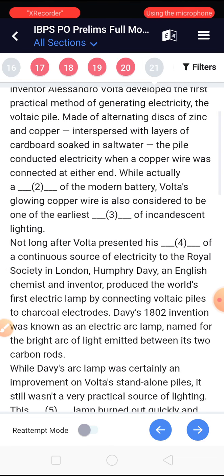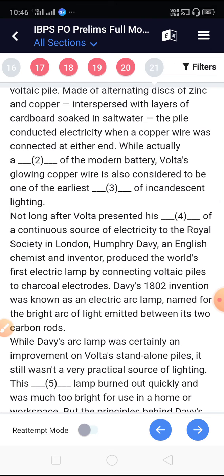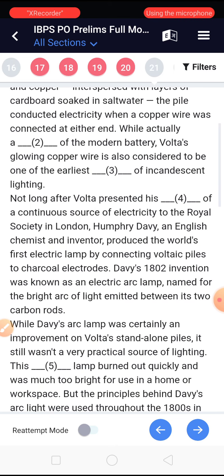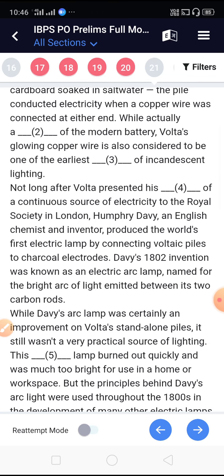lighting. Not long after Volta presented his invention of a continuous source of electricity to the Royal Society in London, Humphrey Davy, an English chemist and inventor, produced the world's first electric lamp by connecting voltaic piles and charcoal electrodes.